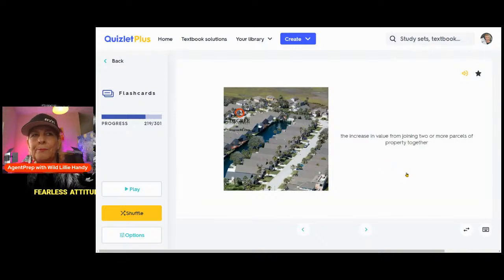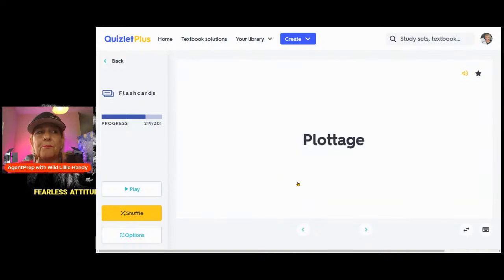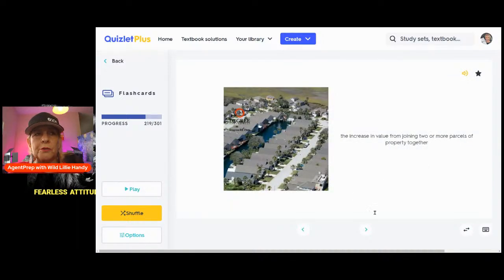It's combining two or more parcels, plats, lots of property together, making them more valuable, like in a subdivision or for commercial property. That is plottage. Combining two or more parcels, okay?